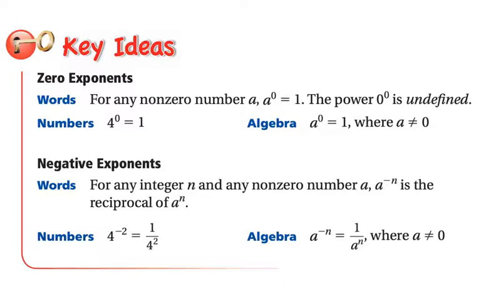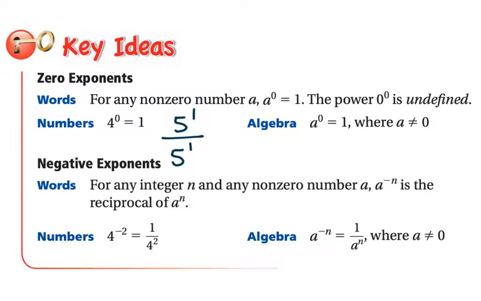I get a lot of questions as to why this is, so what I'm actually going to do is partially borrow some ideas from the property lessons we've watched here recently and use a very simplistic line of reasoning. For example, if we had 5 to the first power over 5 to the first power, we'd want to use the quotient of powers property, and the quotient of powers property says to subtract our exponents here.